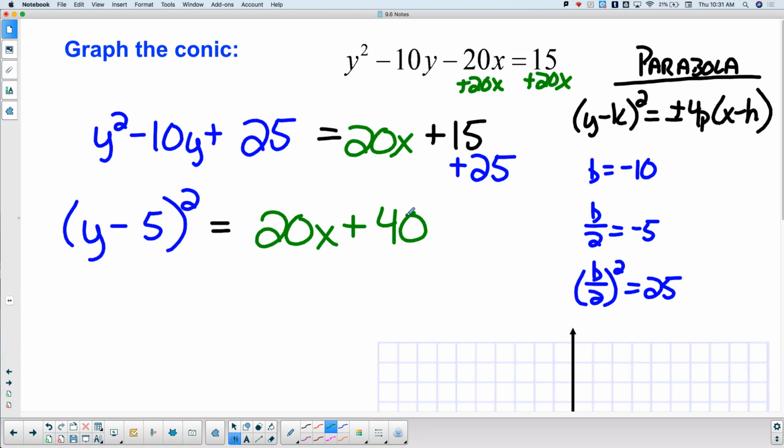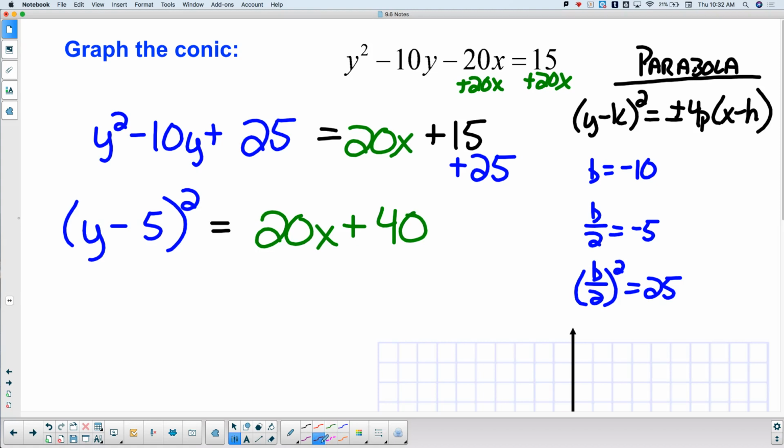Why not? Need my 4p value out in front, right? Yeah. Okay. So what do I need to factor out on the right side? 20, right? 20 is the only thing I can factor on the right side.